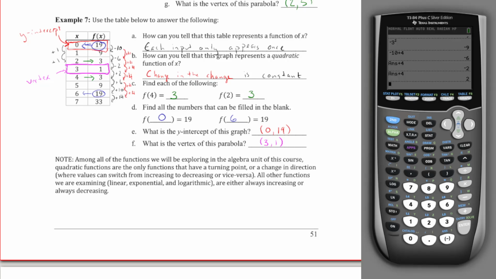So quadratic functions will either have a minimum value or a maximum value. All of the other functions we're going to see in this course, the linear functions we've seen already, and the exponential and logarithmic functions we're going to see in the future, are either always increasing or always decreasing.